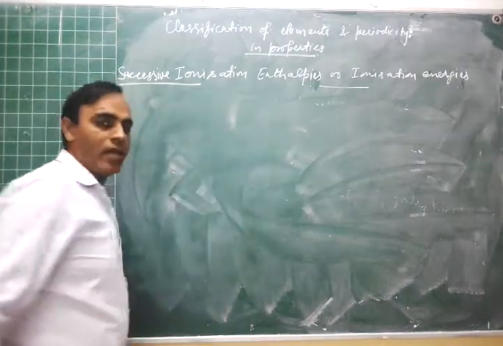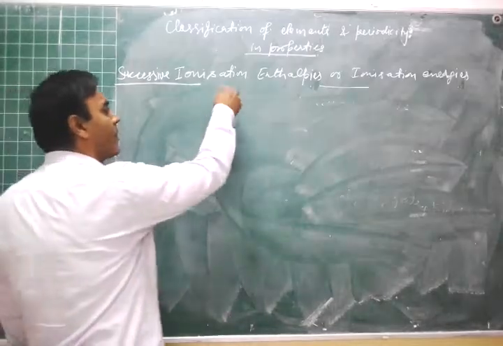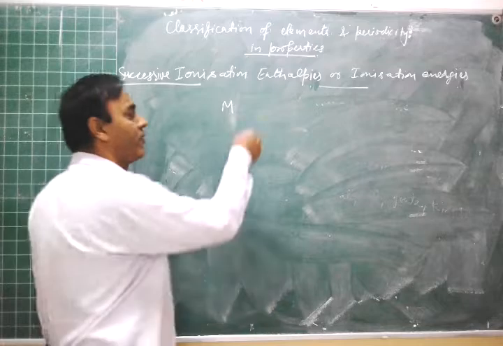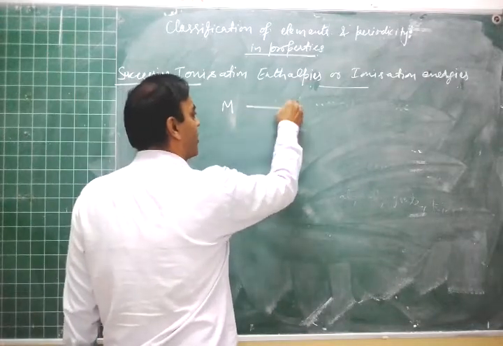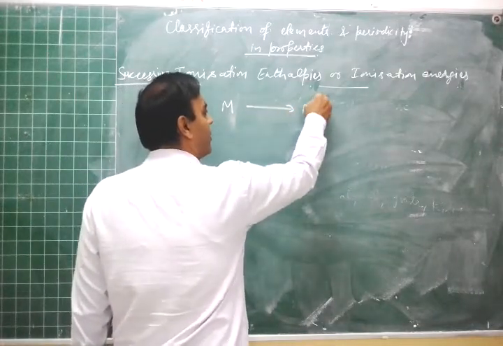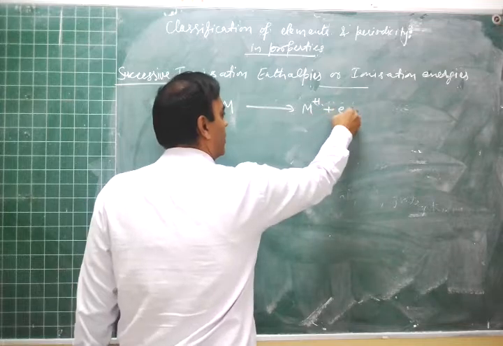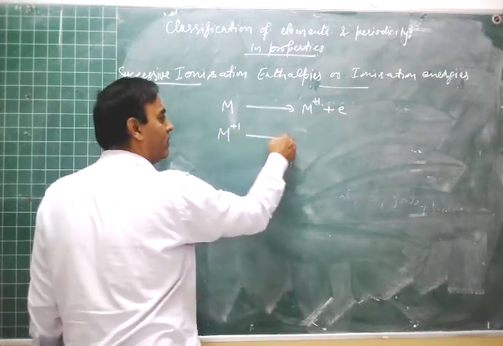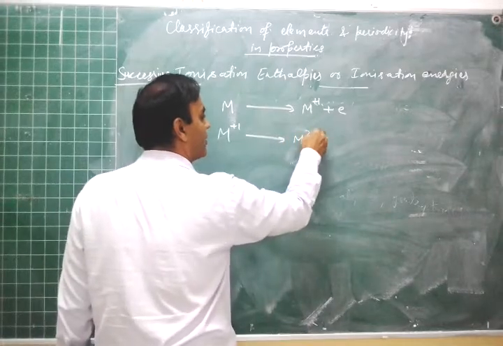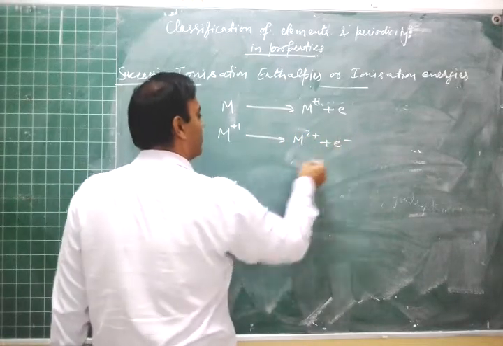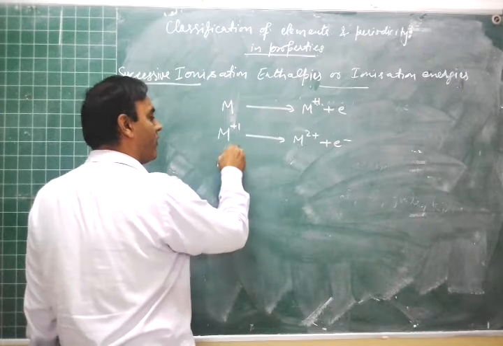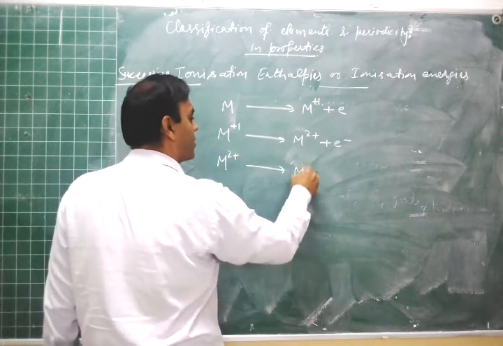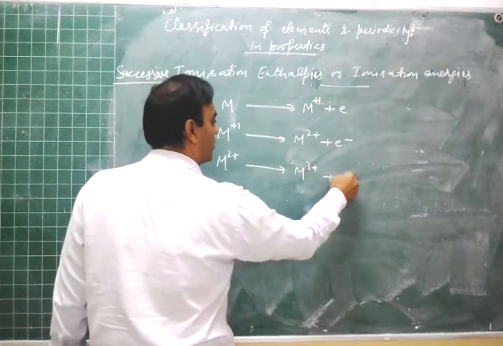So I will take an example now. We have element M, and if we remove one electron from it, it acquires +1 charge. When we remove a second electron from it, it acquires 2+ charge. And when we remove a third electron from it, it acquires 3+ charge.